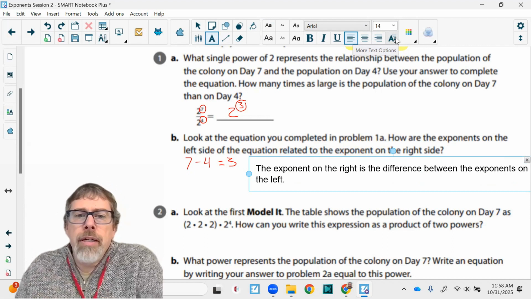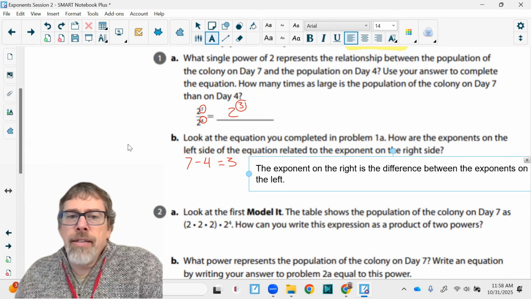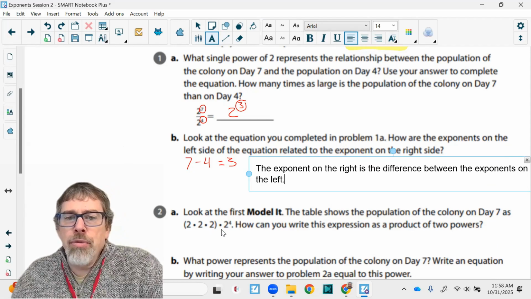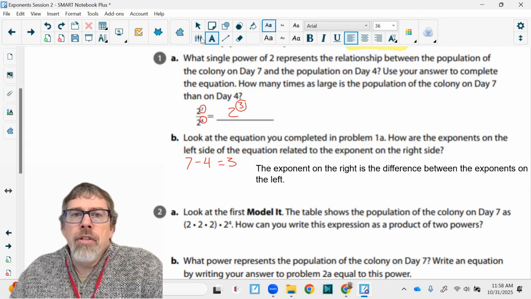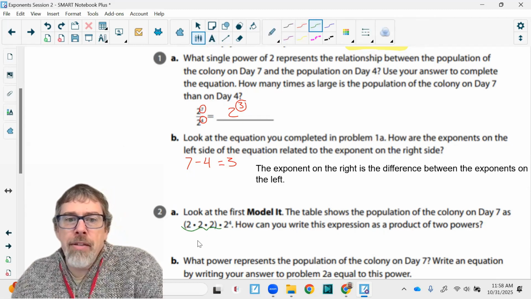So 2A says, look at the first model it. The table shows the population of the colony on day 7 as 2 times 2 times 2 times 2 to the 4th, which was day 4. How can you rewrite this expression as a product of 2 powers? Well, this is just asking us to identify that when you have 3 bases like this, you can take 2 to the power of how many there are, and then it'd be times 2 to the 4th, which equals 2 to the 3 plus 4.